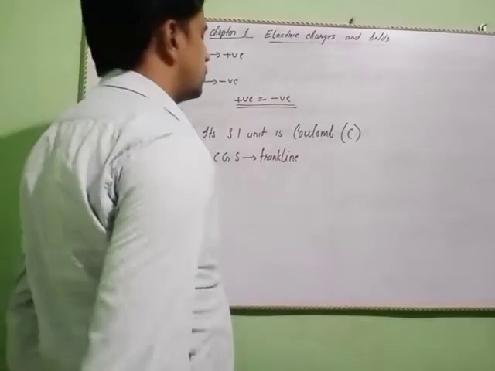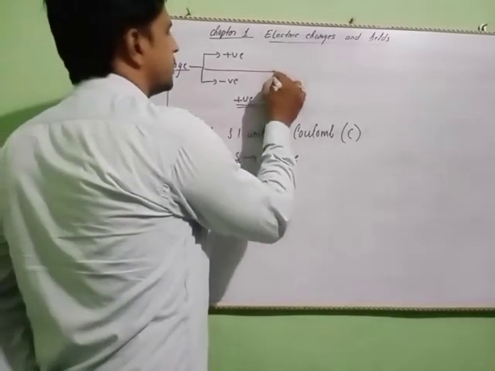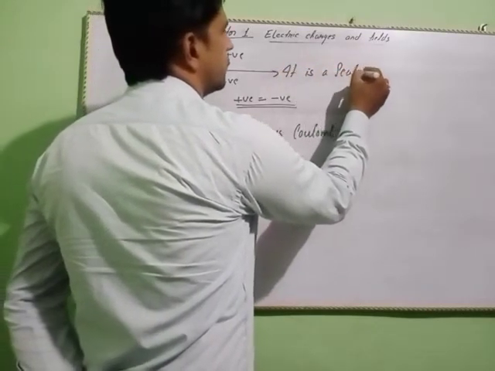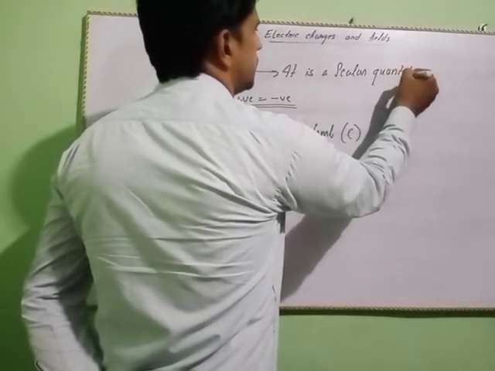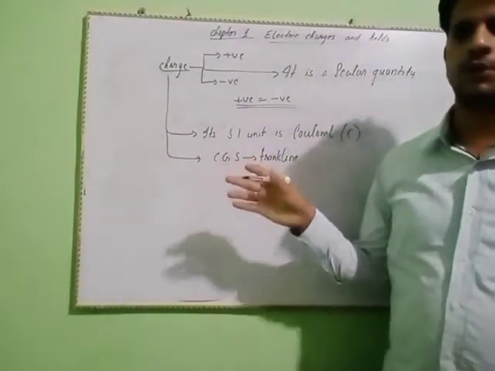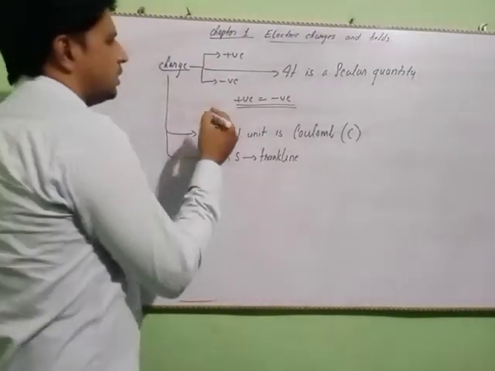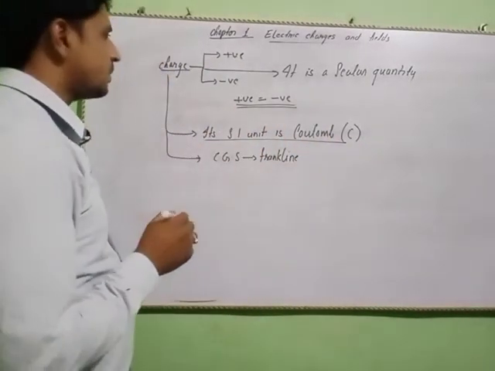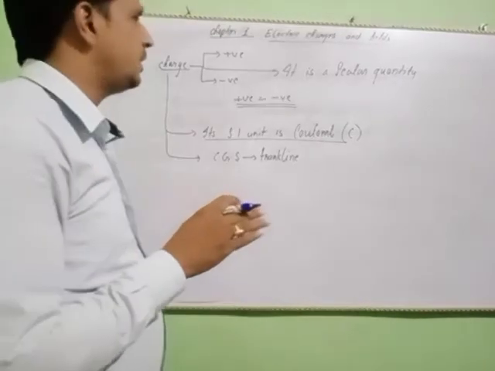The nature of charge is that it is a scalar quantity. Scalar means it has only magnitude, no direction. For example, a charge can have 3 coulomb, 4 coulomb, 5 coulomb. So charge can have any value, but it does not have any direction.